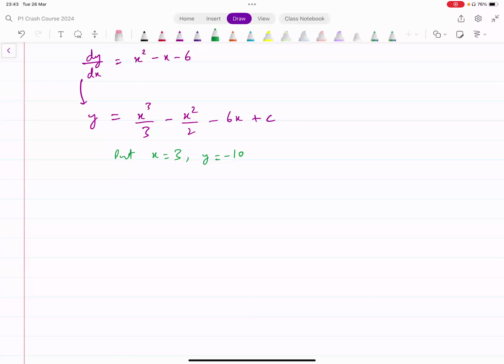That gives us minus 10 equals 3 cubed over 3 minus 3 squared over 2 minus 6 into 3 plus c. Can somebody tell me what the value of c turns out to be from this? What is c?